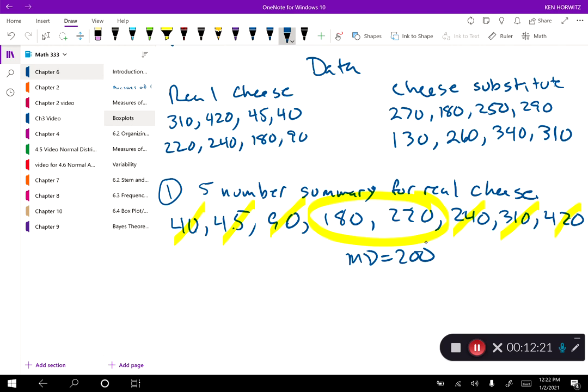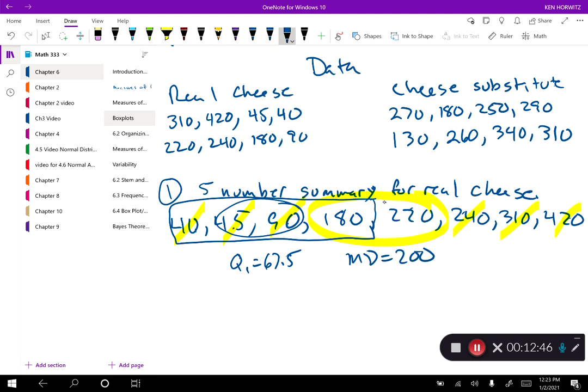Now I can use this value because it's not actually the median. I want to find my Q1, and I notice that I have two values in the middle. I'm going to add them up and divide by 2. So my Q1 is going to equal 67.5.